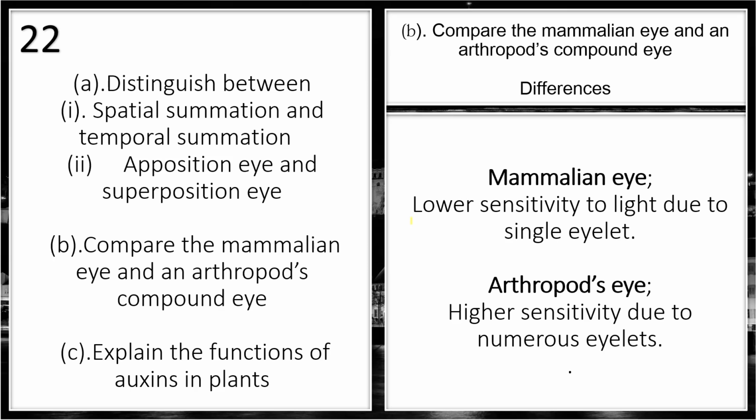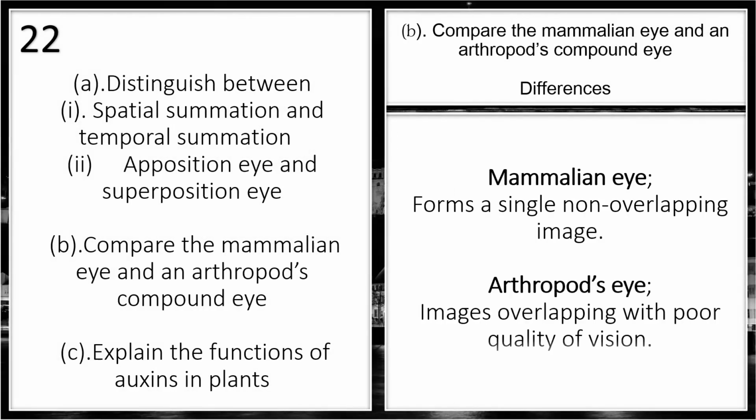Mammalian eye has a lower sensitivity to light due to a single eyelet. Arthropod eye has a high sensitivity due to numerous eyelets. The mammalian eye forms a single non-overlapping image.